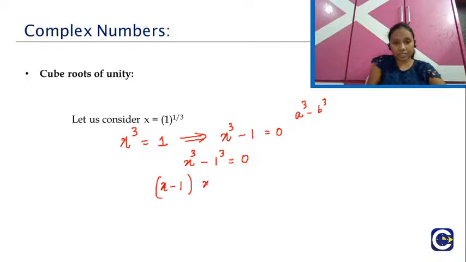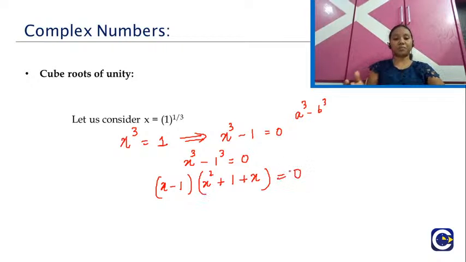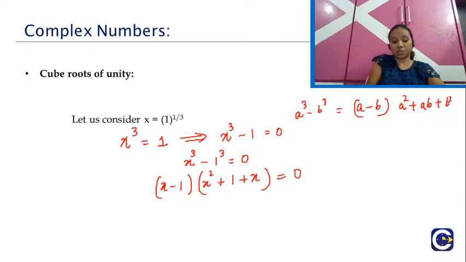So here, x minus 1 into x square plus 1 square plus 1 into x, which will be equal to 0. So simply what I have done here is apply my identity a cube minus b cube and expand it, which can be written as a minus b into a square plus ab plus b square. The same thing I have done.